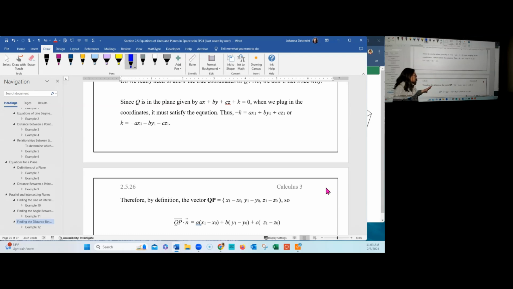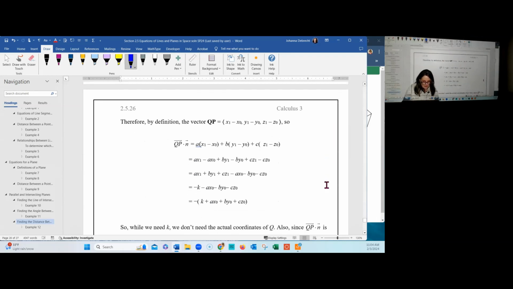So by the definition of the vector from Q to P, which is x1 minus x naught, y1 minus y naught, z1 minus z naught, we know that the dot product of Q to P with the normal vector of the plane containing Q is going to be given by this equation right here. So again, dot product, multiply corresponding components together. So we have this equation right here. Once we have that, we can go ahead and multiply these out.